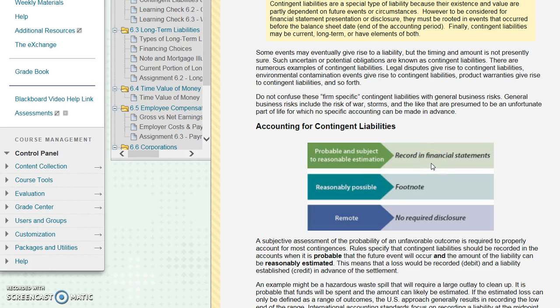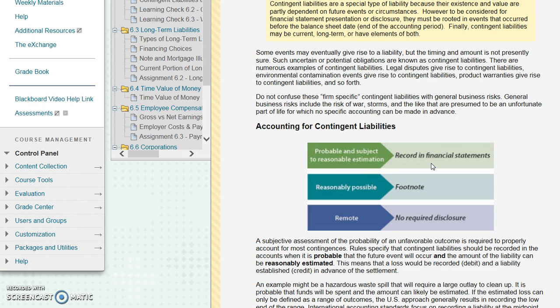A contingent liability is one that is uncertain. I don't know if you remember a number of years ago, the woman who drove through McDonald's and spilled hot coffee into her lap and sued McDonald's, and eventually she won millions of dollars.